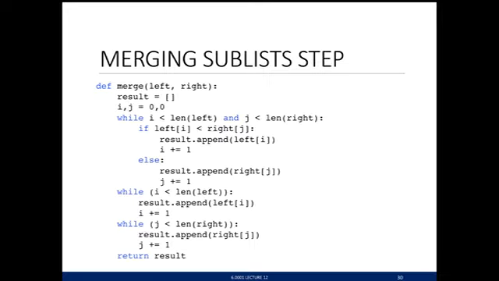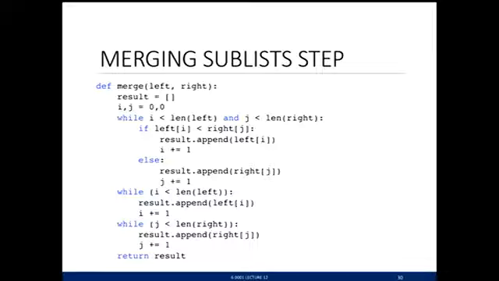do the comparison. If the left one's smaller, add it to the end of result, right? I'm appending it because I want it to be in that sorted order, and increase i. If it's not, add the right one to the end of result and increase j. And I'll just keep doing that until I exhaust one of the lists.